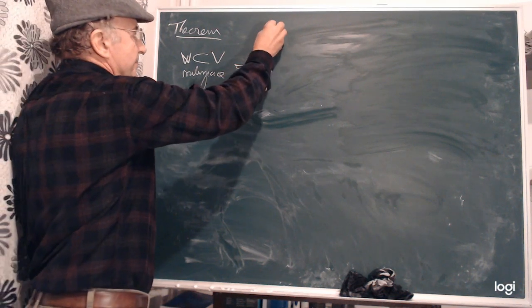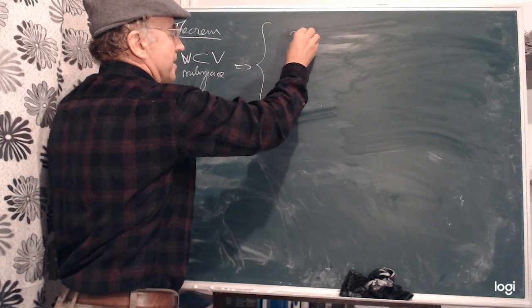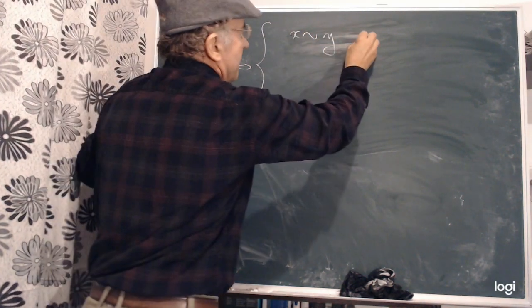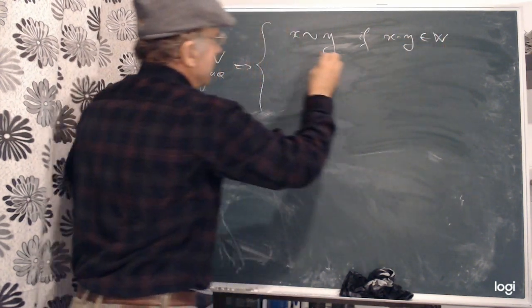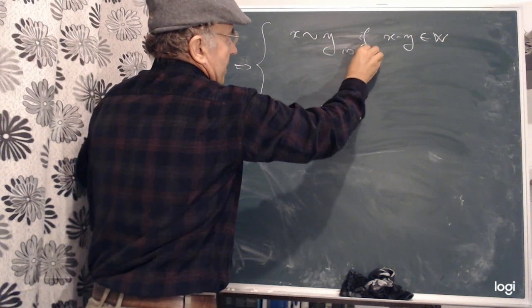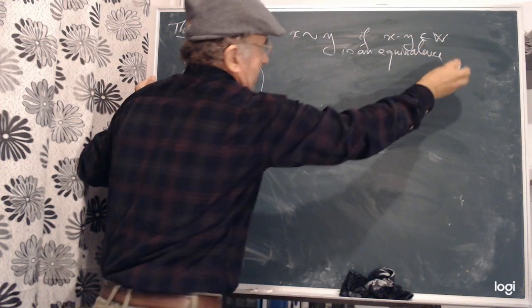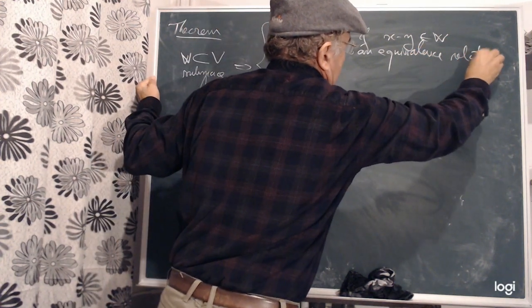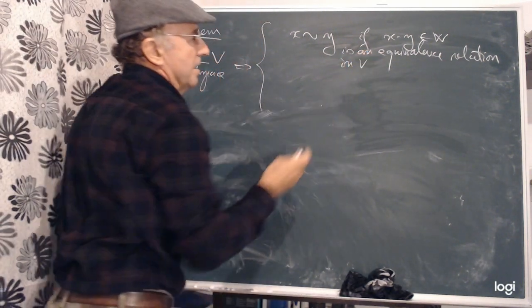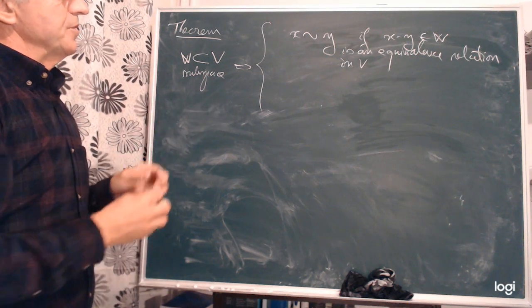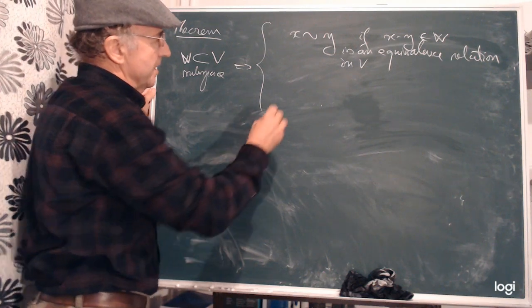Then first, the relation x equivalent y if x minus y is in W is an equivalence relation in V, and we can decompose V in classes of equivalence.